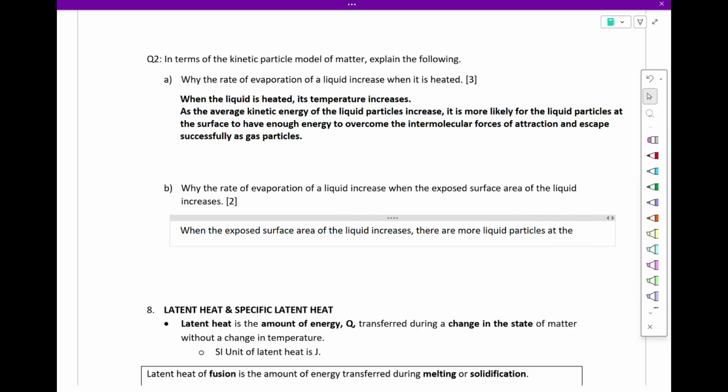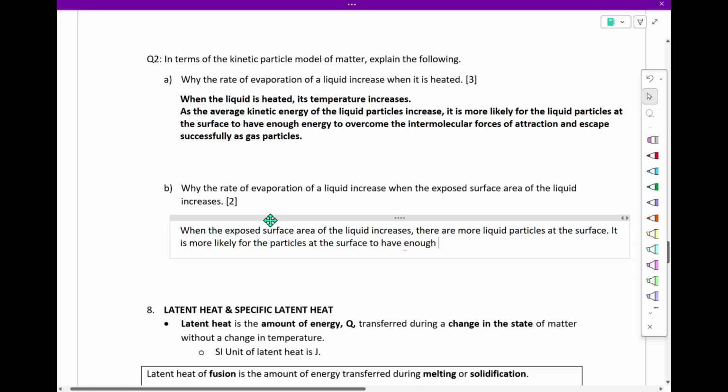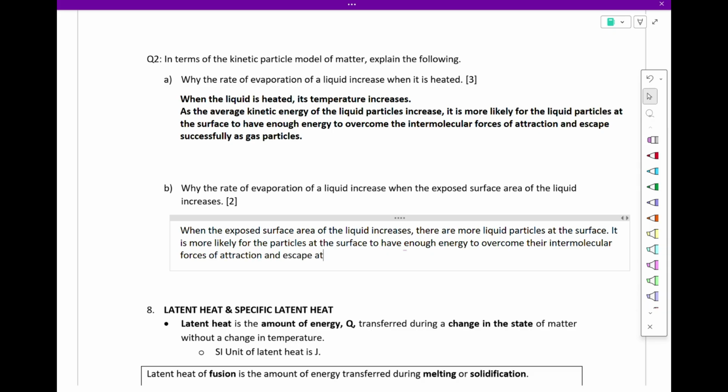Now, when the exposed surface area of the liquid increases, there are more liquid particles at the surface. It is more likely for the particles at the surface to have enough energy to overcome the intermolecular forces of attraction and escape successfully as gas particles.